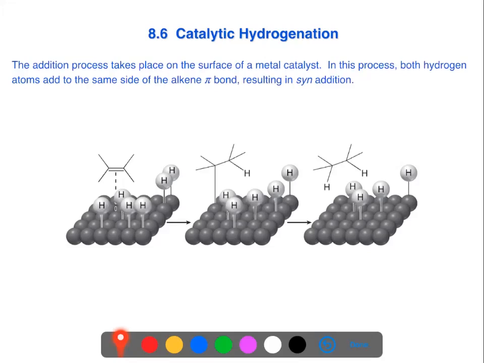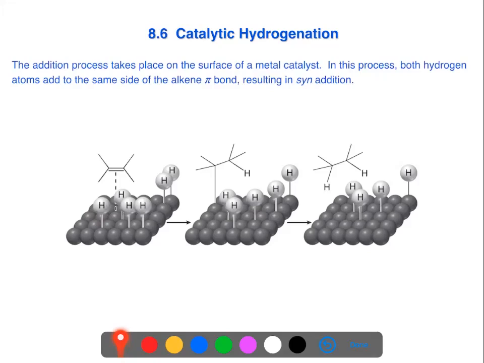When the alkene is introduced, it's going to form an association, an interaction with the metallic surface as well. But it's more of a physisorbed absorption initially, and then from the physisorbed interaction, we have this chemisorption event. So there's a chemical reaction between the alkene and the metal surface. The pi electrons of the alkene will interact with that metal surface, forming a covalent system.